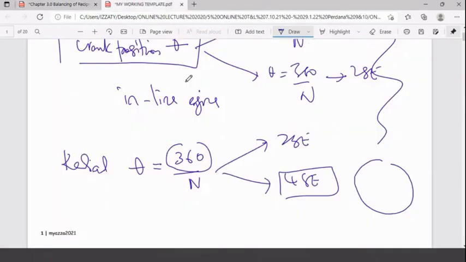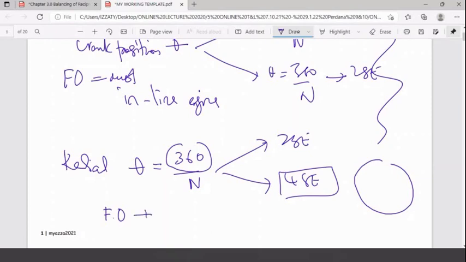The other thing you have to understand is that you are not looking for a firing order here. For the inline engine you need the firing order; it's compulsory.